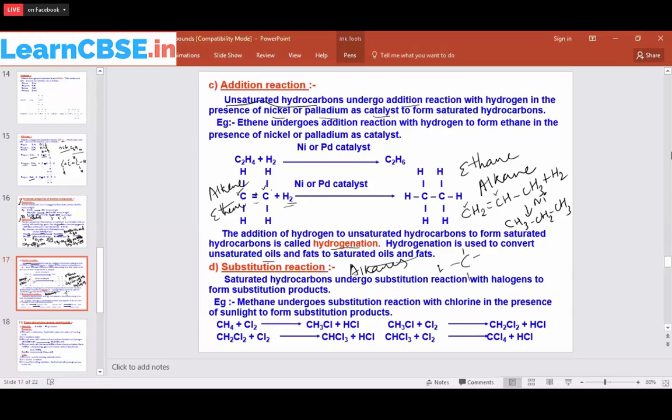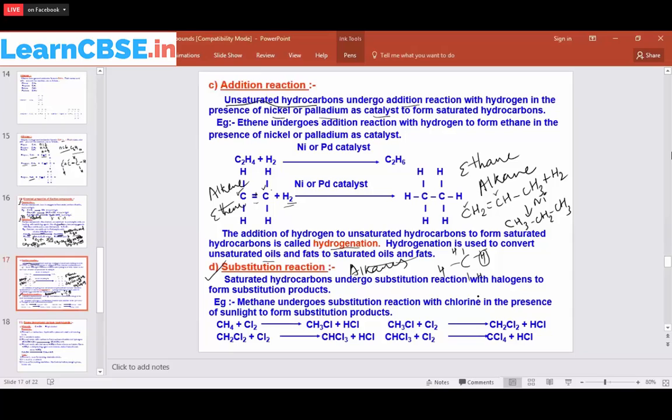Four hydrogens are present here, so there is no more bond to break and it cannot add any atom. Because of this, it will replace one atom, which is substituted in that place. That's why the alkanes undergo the substitution reaction.